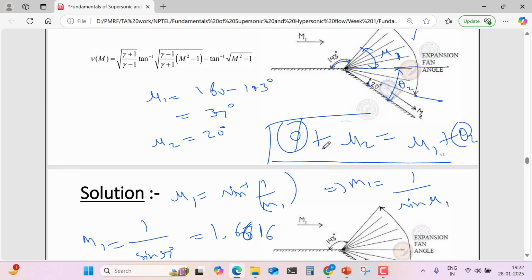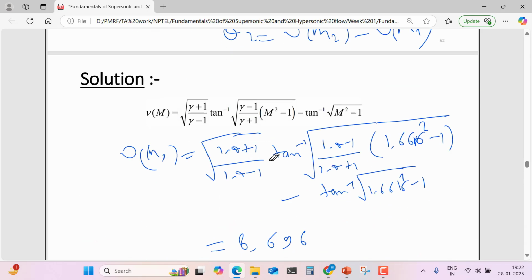So using this, phi plus mu2 equal to mu1 plus theta 2.